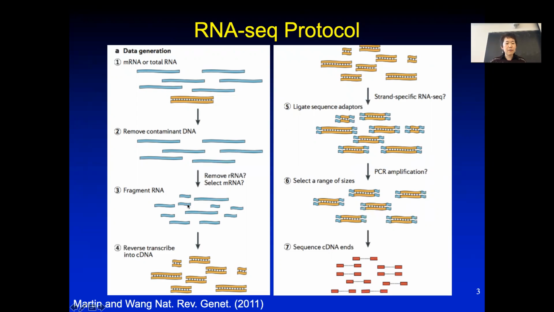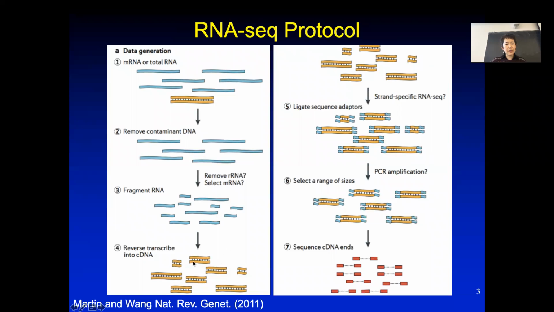Anyway, the RNA is fragmented to about 200 to 300 base pair fragments. And then you use reverse transcription to create a double-stranded DNA, which represents the initial fragmented RNA.